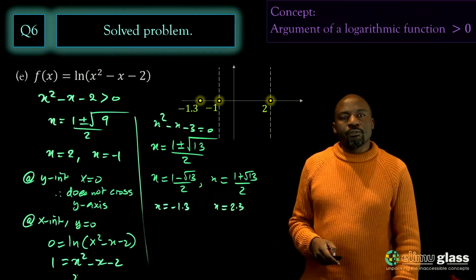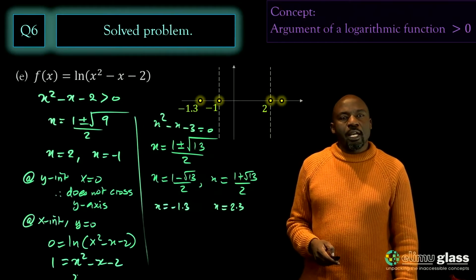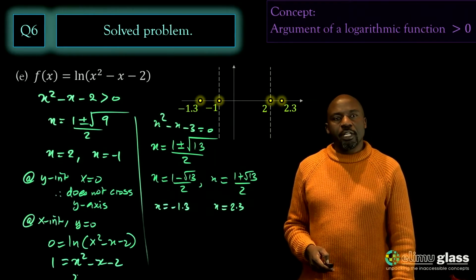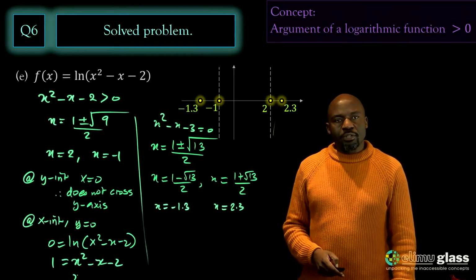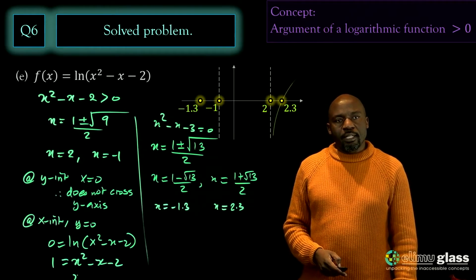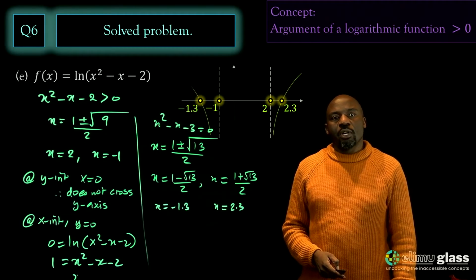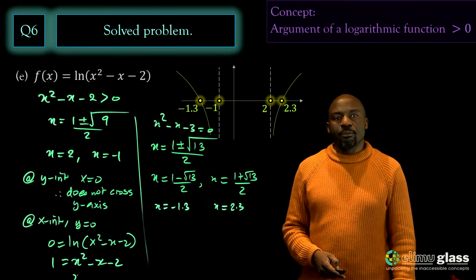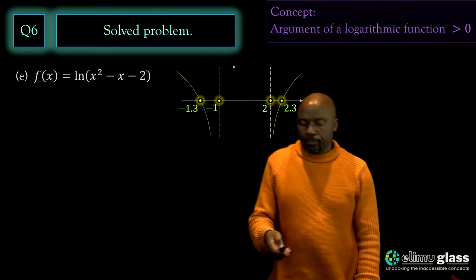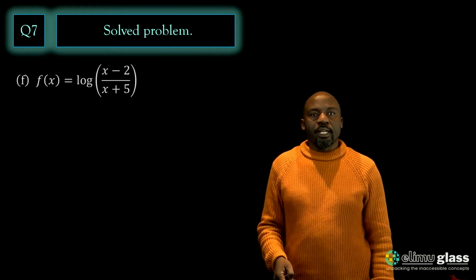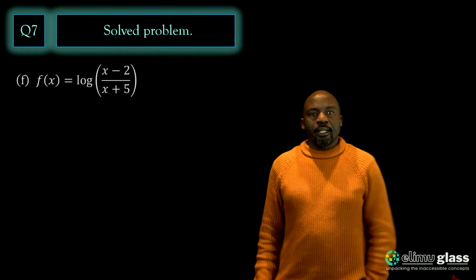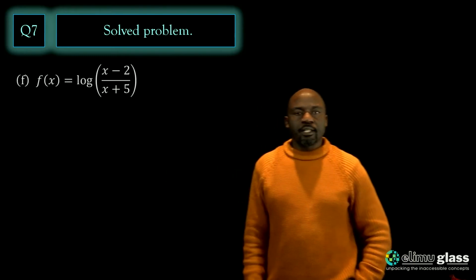So if we put those values, negative 1.3 and 2.3, then the graph can now be sketched. All right, that's the graph through 2.3, and the other one towards negative 1.3. Okay, let's look at the last one. Here is, I believe, the last problem.